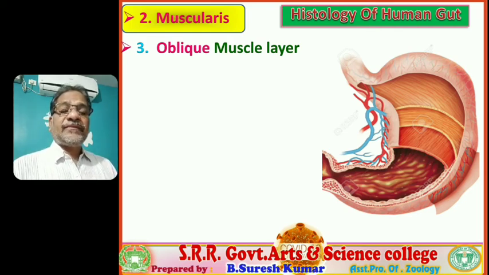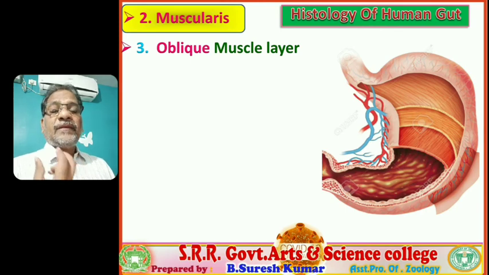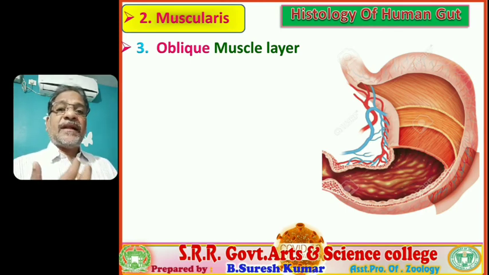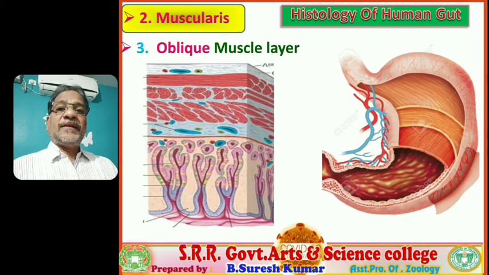Just imagine. Whatever food we consume first enters from the esophagus into the stomach and is retained approximately 3 to 4 hours in our stomach. In this time, the food material is first broken down into micromolecules due to the churning movements. Those churning movements are facilitated by the oblique muscle layer.